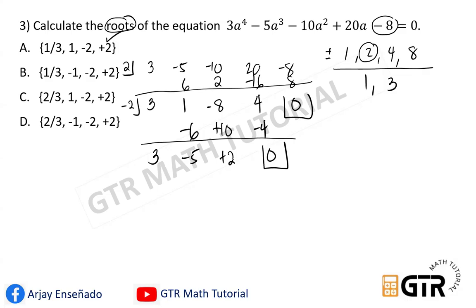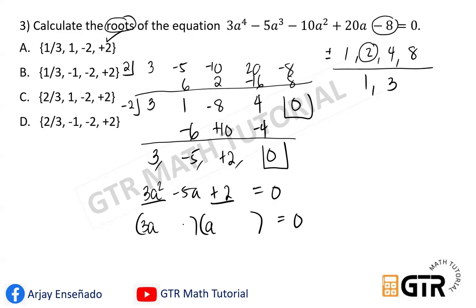Now we can solve this. It is now a quadratic expression since we have 3 terms. So this is 3a squared minus 5a plus 2 equals 0, which we can solve by factoring. Factor 3a squared: the factors are 3a and a.